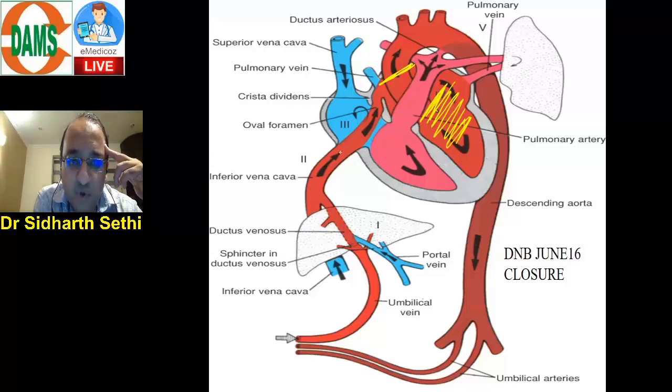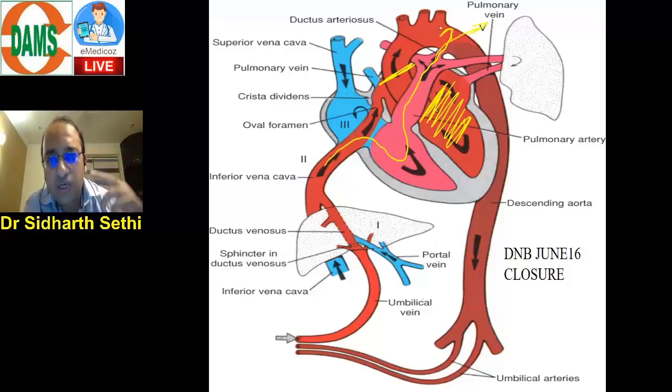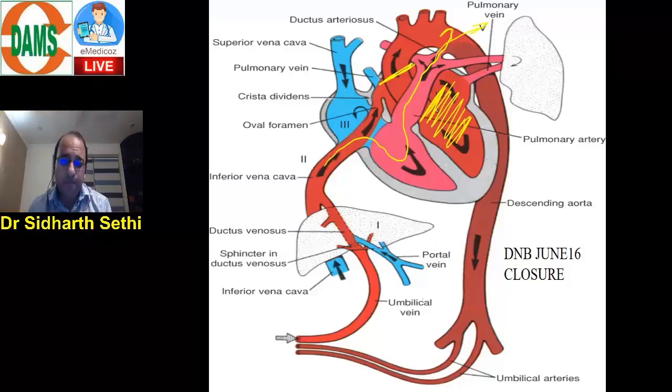Till the ductus is open, the systemic blood flow will be provided by the ductus arteriosus. So all of you, in the children who have left-sided problems, the ductus arteriosus provides the systemic blood flow.